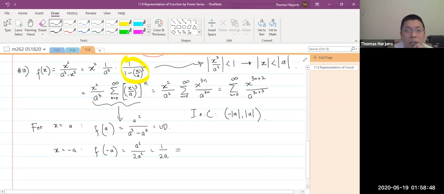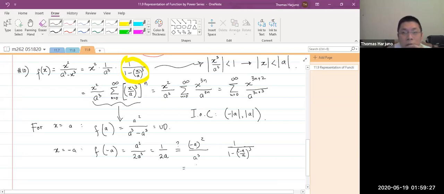Now the thing is, is it true that this is negative a squared over a cubed, series 1 over 1 minus negative a over a cubed? No series. I get no series.